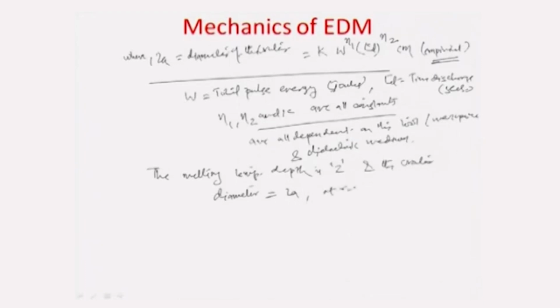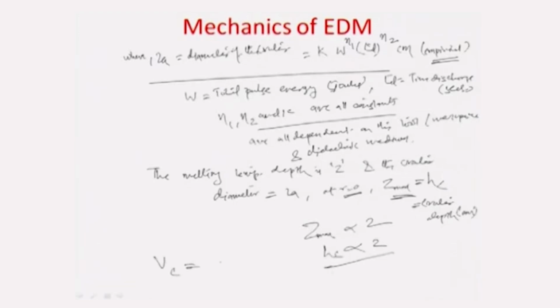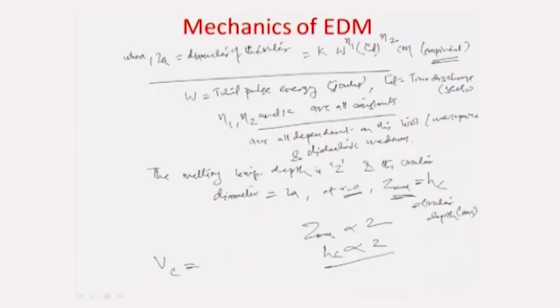and at r equal to 0, that means radius equal to 0, the maximum melting temperature depth Z maximum is given by Hc, which is actually the crater depth for all practical purposes in centimeters, and this Z max of course is proportional to Z. So the total volume of the material Vc, which is removed or which is contained in the melt pool of this particular crater of maximum depth Hc and total diameter 2a, is given by a very simplistic expression, and we will try to arrive at it by using elemental analysis of the sphere.